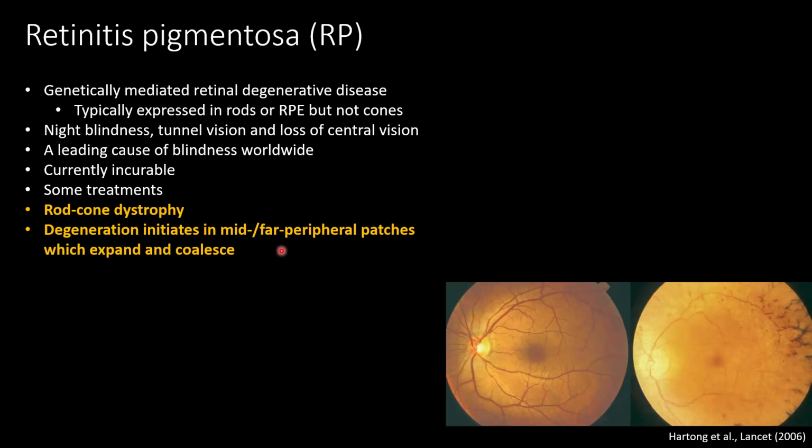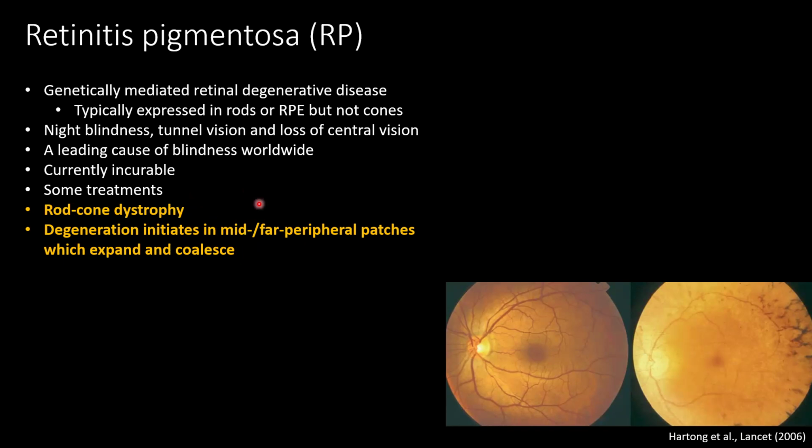So various mechanisms have been proposed to explain secondary cone loss in terms of the rod-cone dystrophy, the first of these two points. And I would argue that those mechanisms are also relevant to explaining the second point about the patterns of degeneration that you see, although they're not always necessarily linked together in the literature.